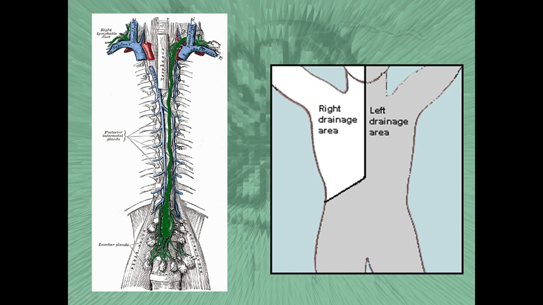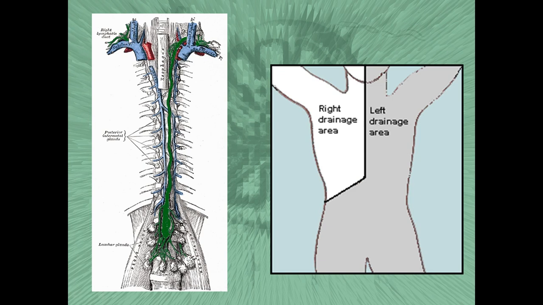It's a junction between the left internal jugular vein and the left subclavian vein, so it empties in this place. In this way, lymph returns back to the venous system.